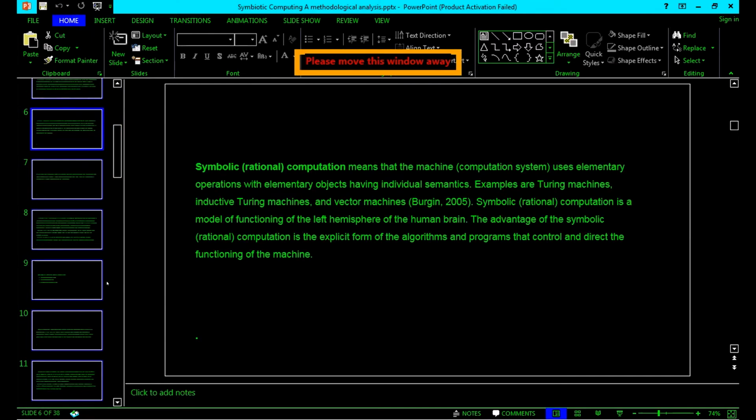Symbolic rational computation means that the computation system uses elementary operations with elementary objects having individual semantics. Examples are Turing machines, inductive Turing machines, and vector machines. Symbolic rational computation is a model of functioning of the left hemisphere of the human brain. The advantage of symbolic rational computation is the explicit form of the algorithms and programs that control and direct the functioning of the machine.